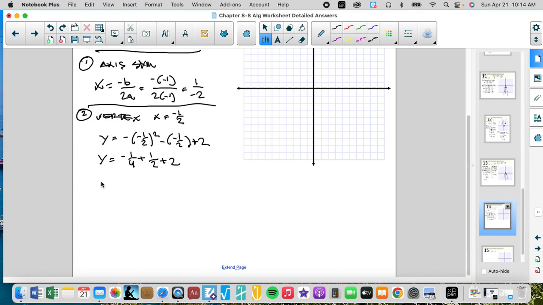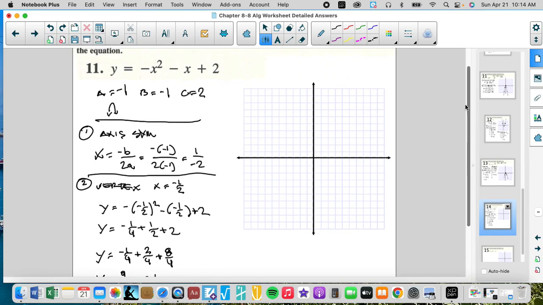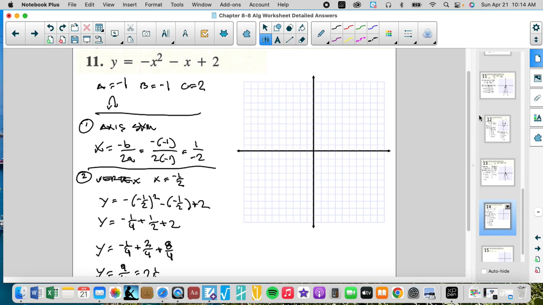Let's find a denominator of 4. Negative 1/4 plus 2/4 plus 8/4 gives me a value of 9/4, which is 2 1/4. So when I plugged in negative 1/2, I got 2 1/4. Yes, feel good. Oh, yeah, my axis of symmetry is negative 1/2 for reals this time.